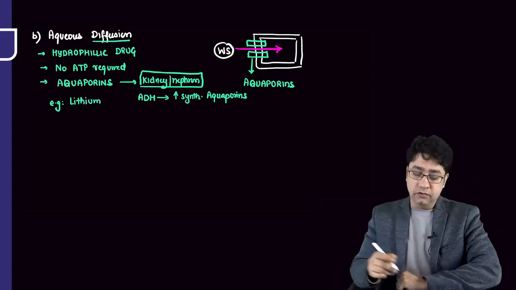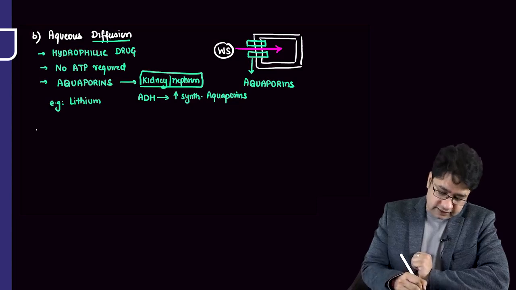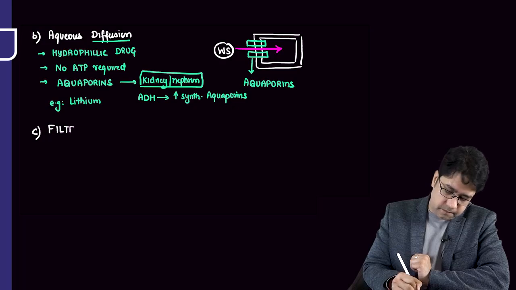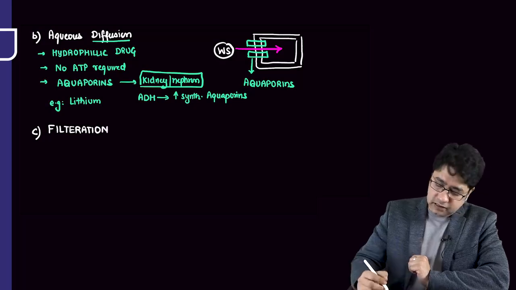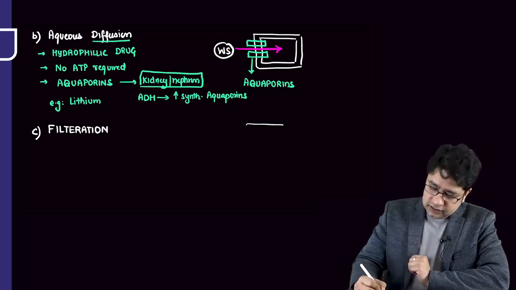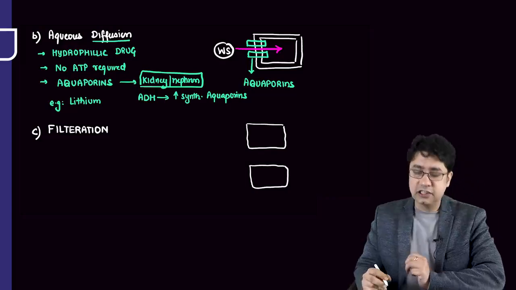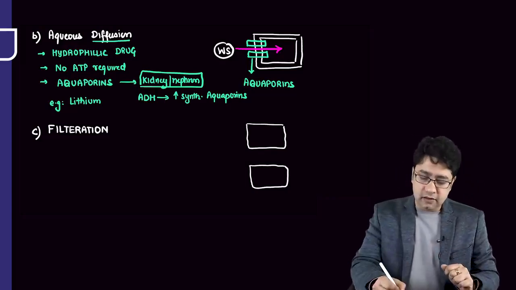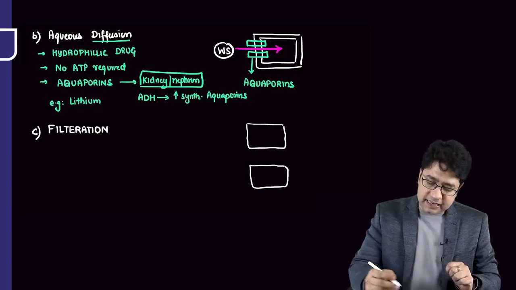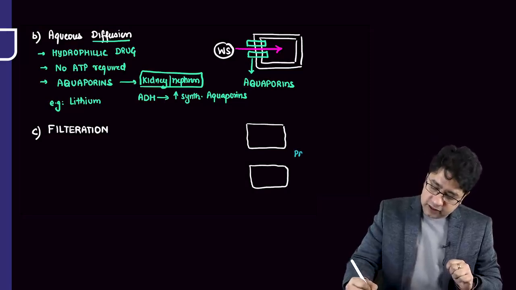Fine. Now the third method of crossing a cellular barrier is filtration. Now, beta, what happens in filtration? Suppose this is one cell and this is another cell. Can we call the space between two cells paracellular spaces?